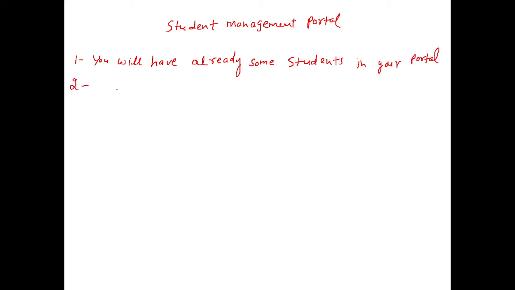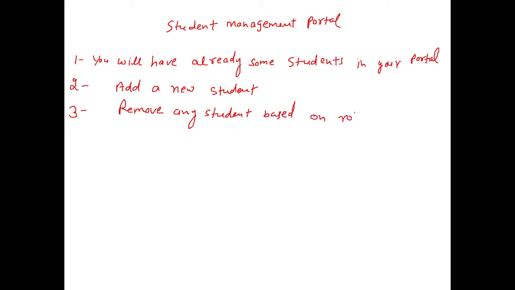Second requirement, add a new student. Third requirement, please note this down, right? Remove any student based on roll number.